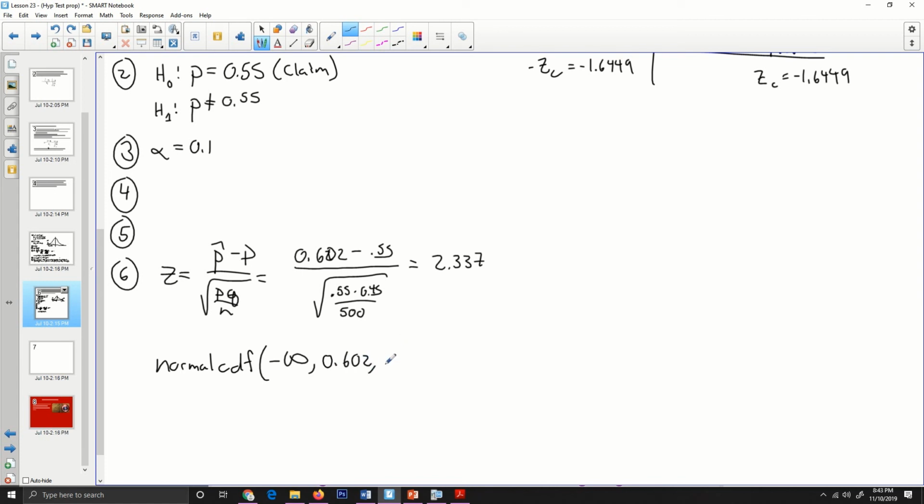The value that we're looking for, which was 0.55, and then our standard error, which would be the square root of 0.55 times 0.45 divided by 500.